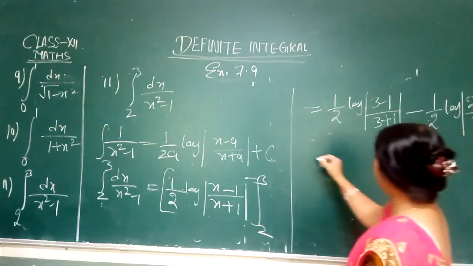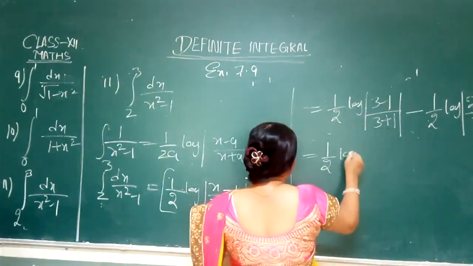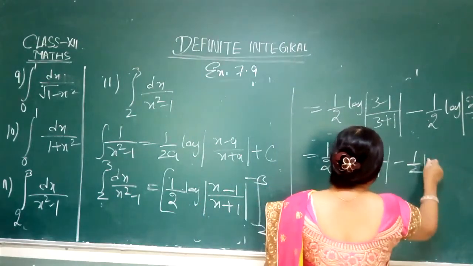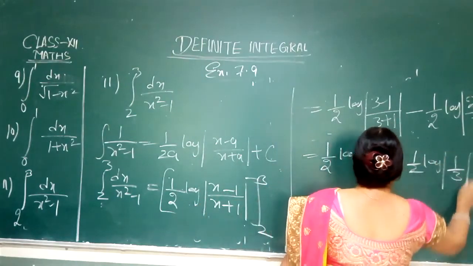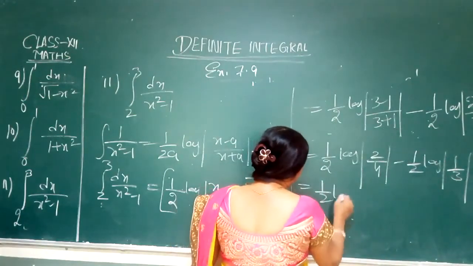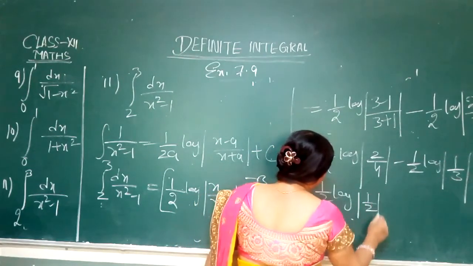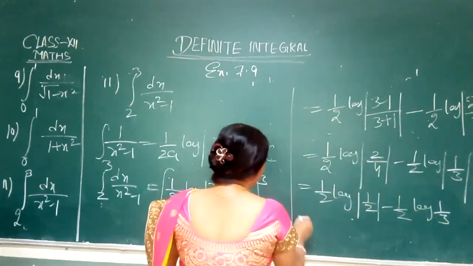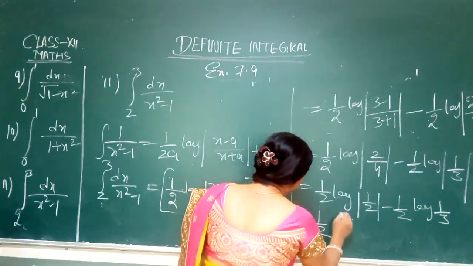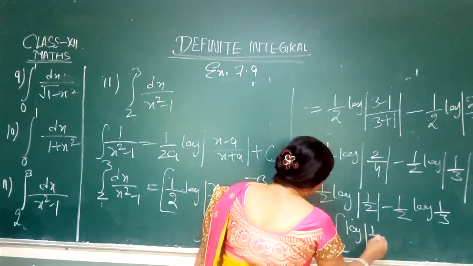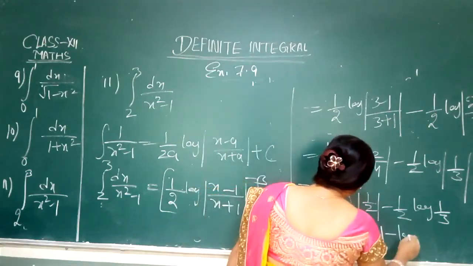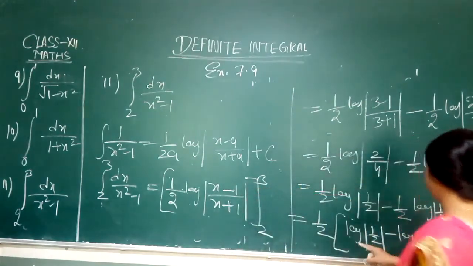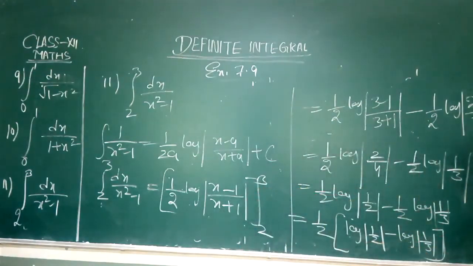So after that it will come half log 2 upon 4 minus 1 by 2 log 1 upon 3. It will come half log 1 by 2 minus 1 by 2 log 1 by 3. After that take this 1 by 2 common, and log 1 by 2 minus log 1 by 3. After that we can apply the formula log m minus log n.